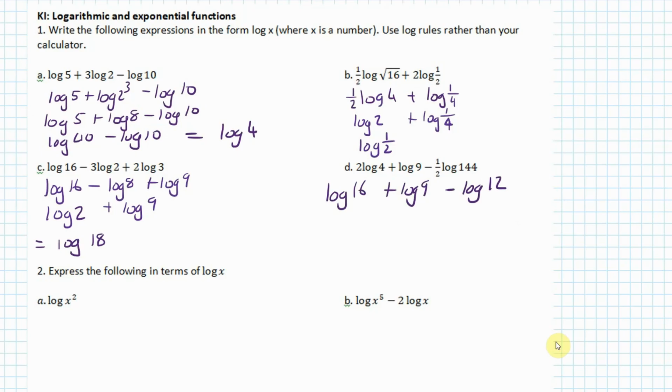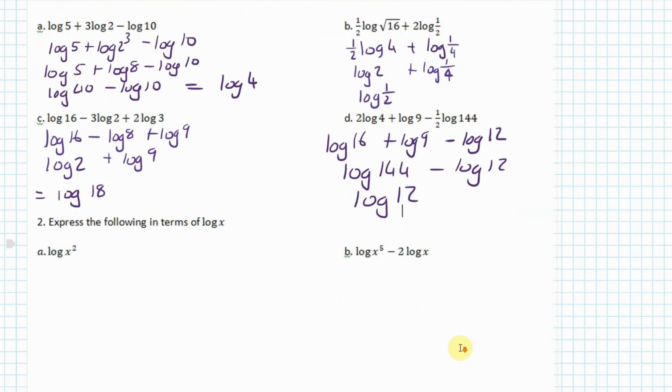Okay, now log 16, now how could we do this? I think 16 times 9 is probably what we want here, so what's that? 16 times 9 is 144, log 144 minus log 12, and then that's the same as log 144 over 12, which is obviously equal to log 12.